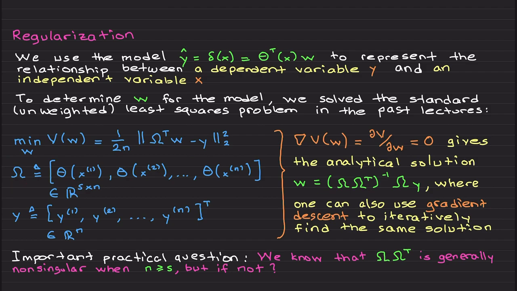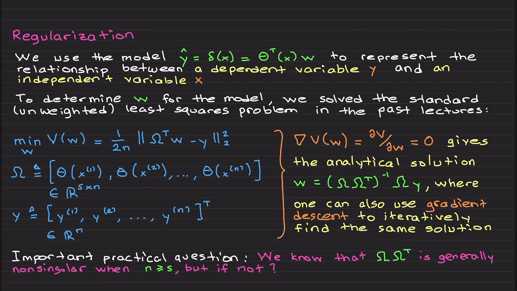Omega is constructed as an S by N matrix, using these basis functions evaluated at the 1 to n data points, and the y here also includes the 1 to n dependent variables that we have, such that y is an n by 1 vector.